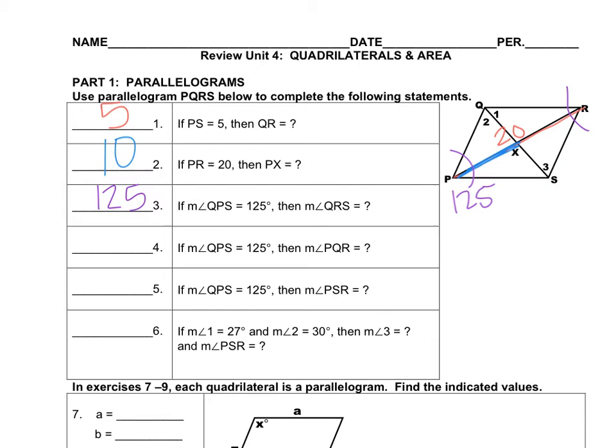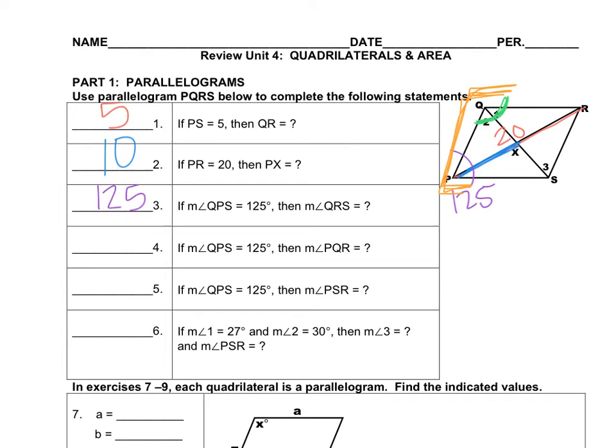On number 4, it says QPS is 125. Then we're looking for, if we follow this, from P to Q to R. So we're looking for this other whole angle right here, which I will make in green. Well, these two angles are consecutive. Consecutive means they're right next to each other.